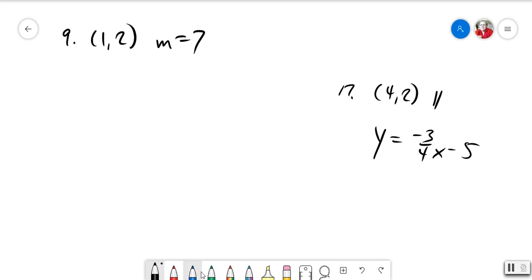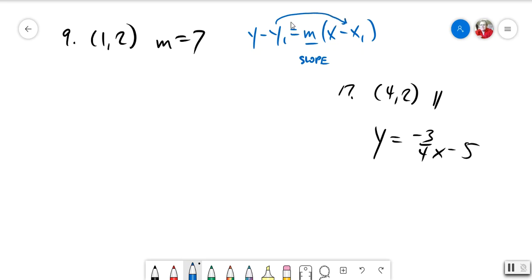In both of these cases, you are going to want to use the point slope formula, which is simply y minus y1 equals m times x minus x1, where m is the slope and the x1 and the y1 are the point.